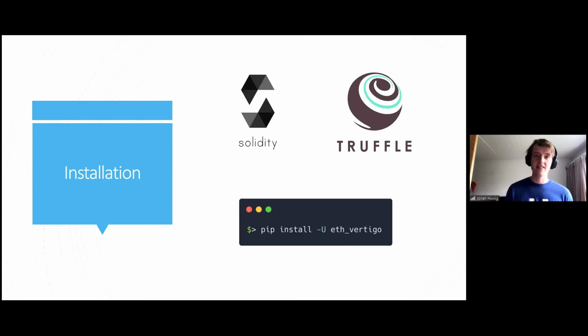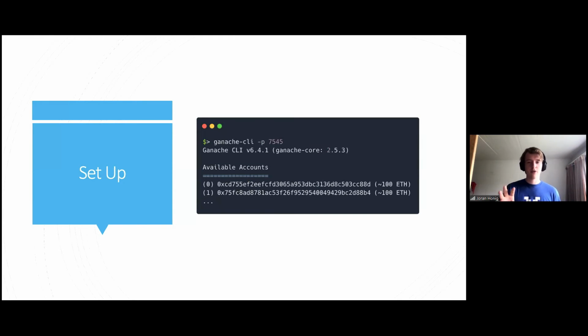Vertigo is currently built on top of Truffle. In the future, we might extend this, but currently it's just Truffle. And Truffle needs to have the Ganache network or a test network to evaluate the unit tests you've written.